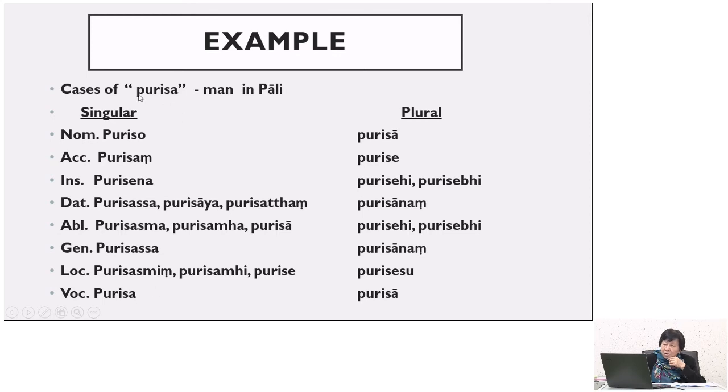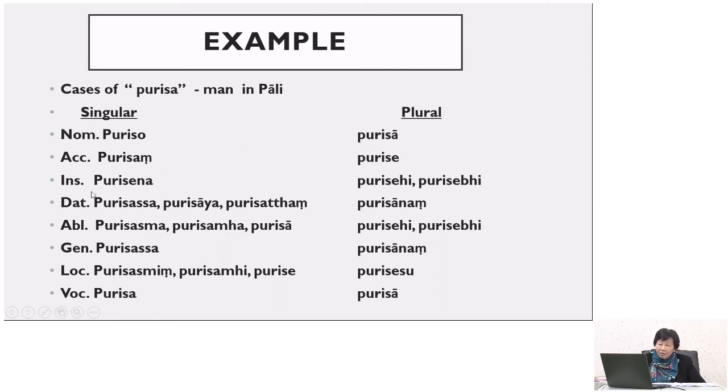Okay? So, in Pali, you have to understand and you have to remember. You have to clarify by yourself what kind of morphemes are there in the word. You see, you have the whole paradigm, the whole column that uses different shapes, different forms.